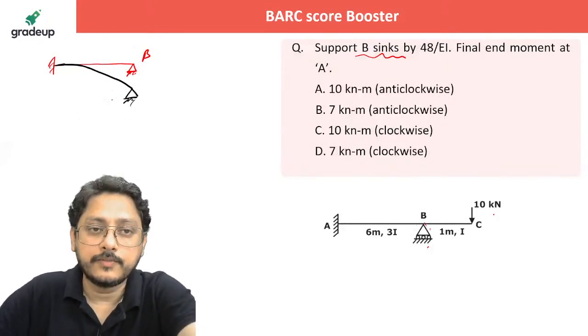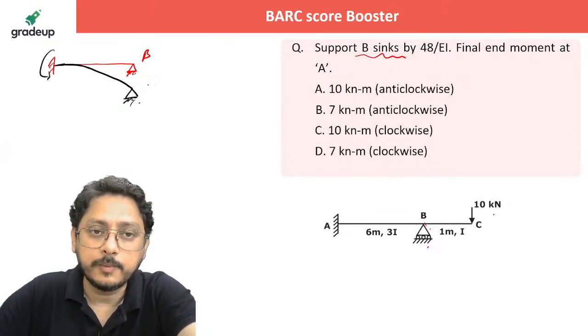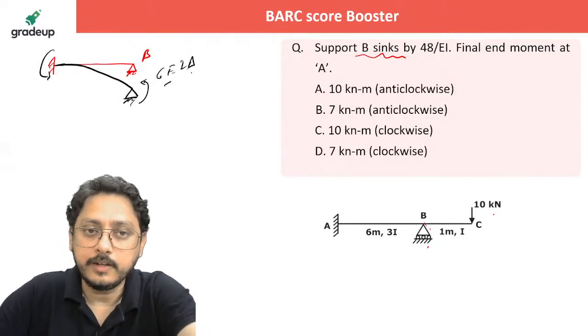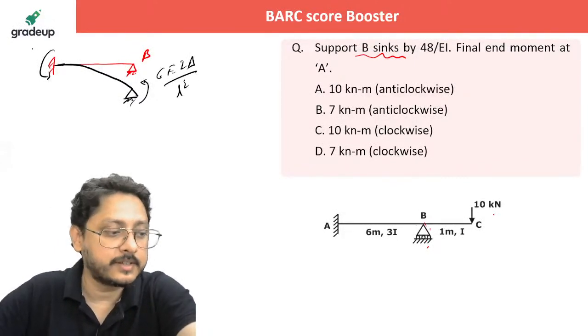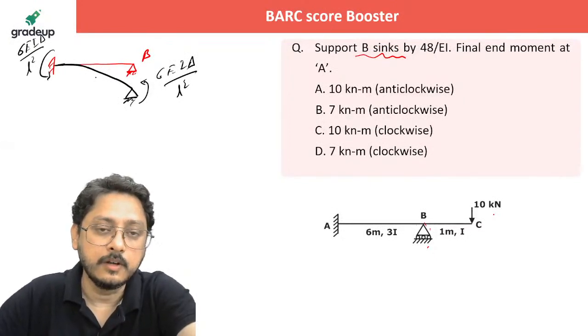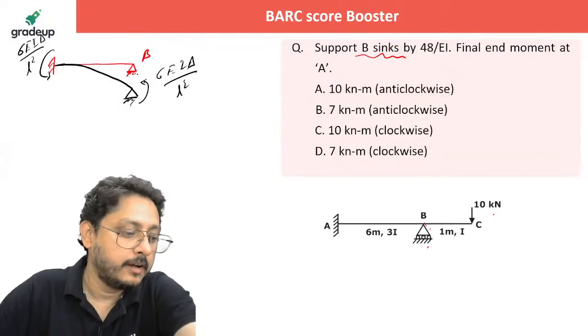And then if the beam is rotating in clockwise direction, an anti-clockwise moment will be generated. And what will be the value of the anti-clockwise moment? 6 EI delta by L square, isn't it? 6 EI delta by L square this side and 6 EI delta by L square this side. That is the moment generated here.